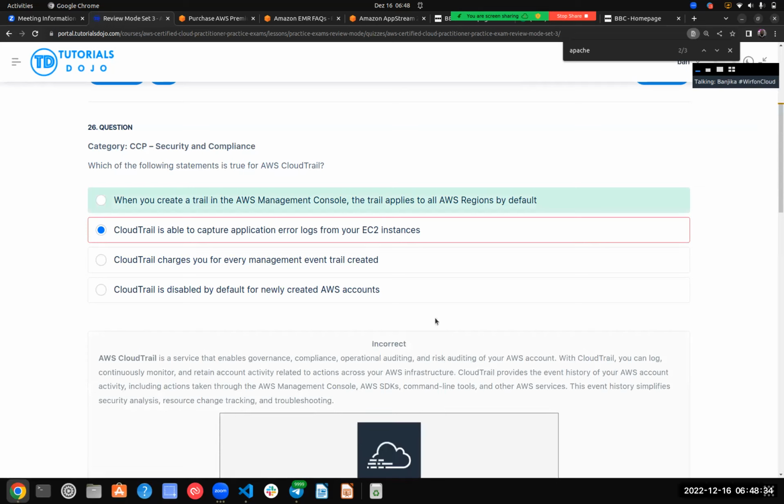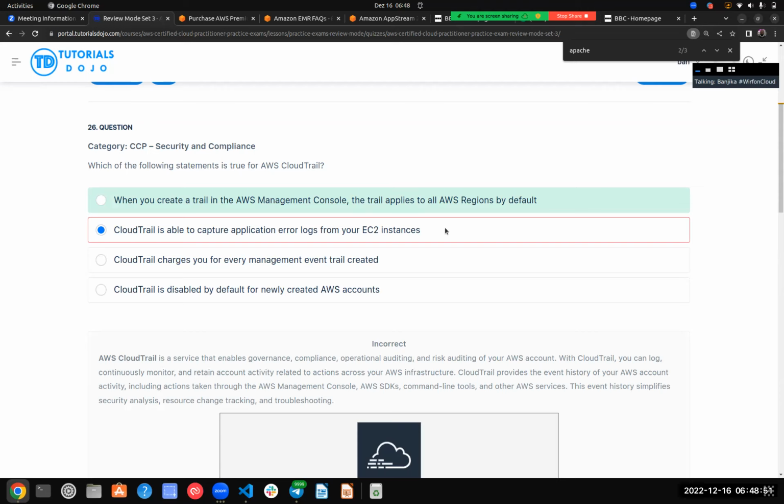It enables auditing? Yes. CloudTrail keeps track of who has done what on the account. Yes, so it's on the account.